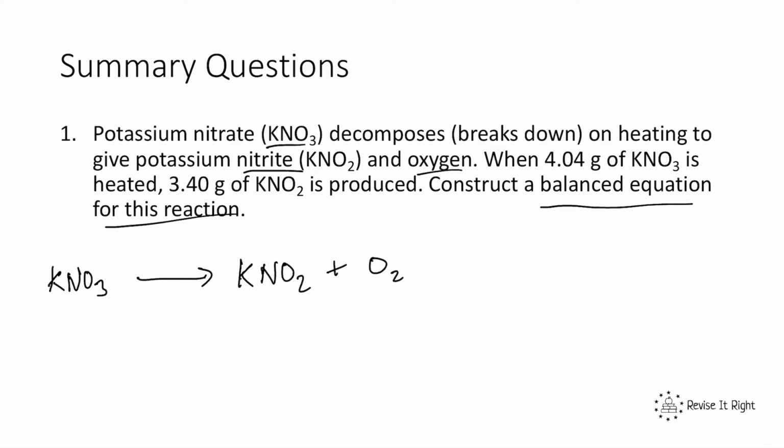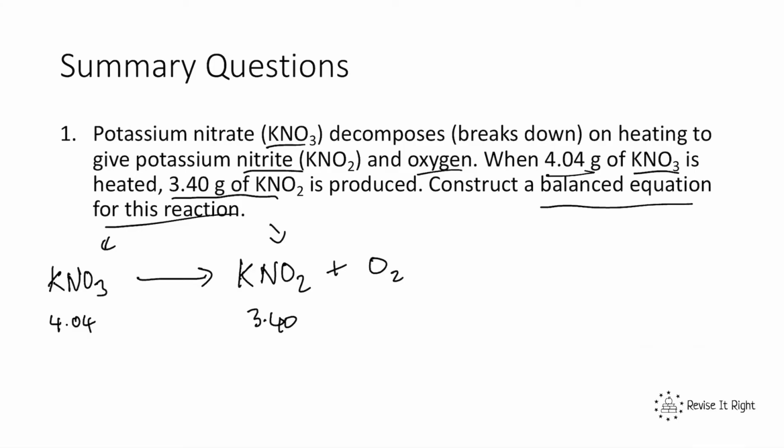The next step is we need to write down the masses given underneath. So our potassium nitrate, KNO3, we've got 4.04 grams, so we'll write that underneath here. And then it gives us our potassium nitrite, which is 3.40 grams. And then, of course, it doesn't give us oxygen, but we know that this side is going to equal this side.